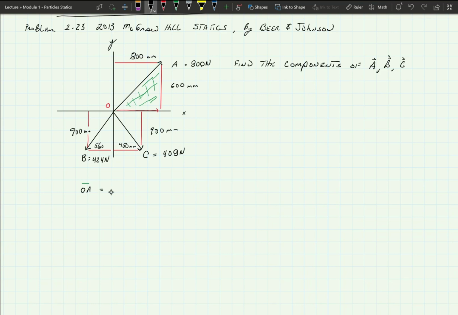And that's going to be equal to the square root of, and I'm going to write this down as 800 millimeters. We're going to square that, plus 600 millimeters, and we're going to square that. Okay, and that will leave us a number that is equal to, when we do this all out, 1,000.